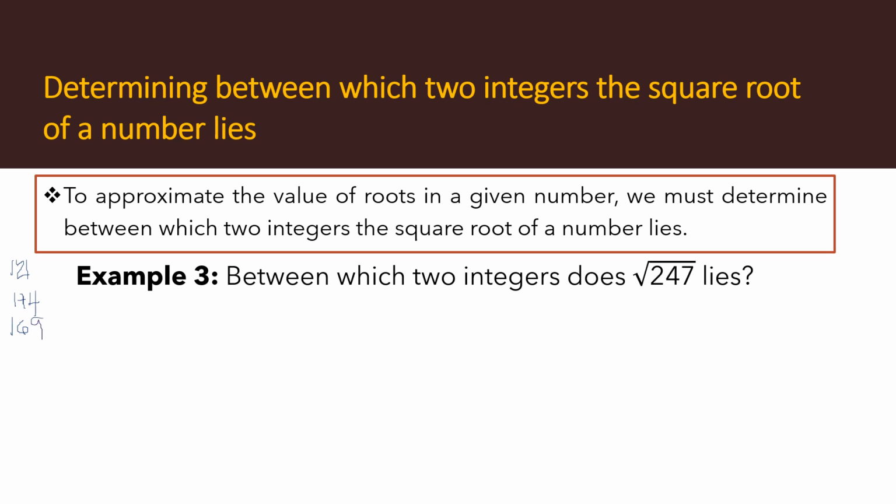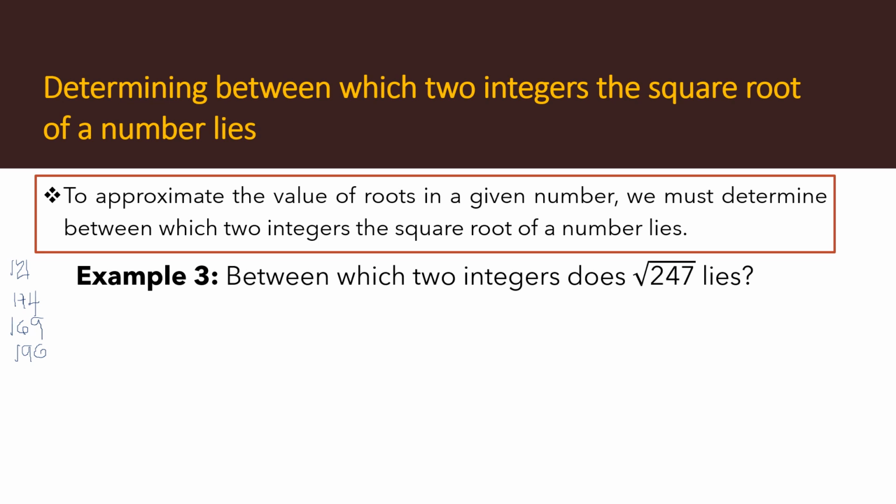169. Followed by what? This is 11 times 11, 12 times 12, 13 times 13. How about 14 times 14? What is the result when we multiply 14 by 14? We have 196.